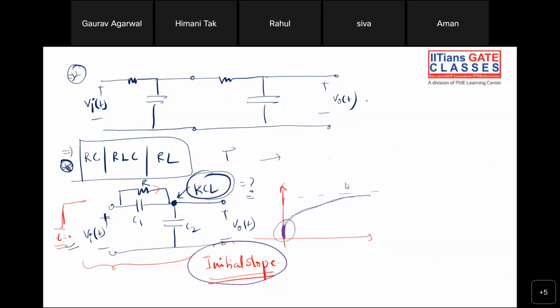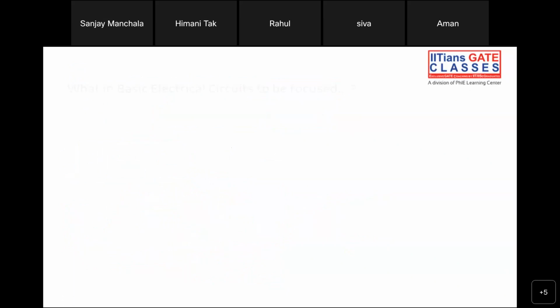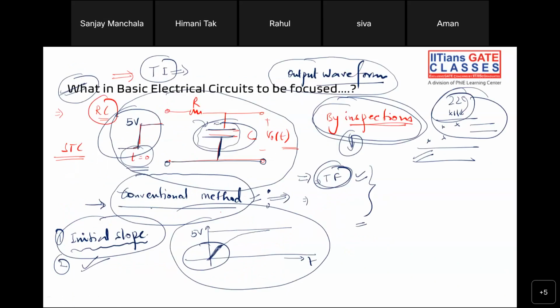Remember, I'm not telling you the method of how these things are done, I'm just motivating you. In this session, I just want to make you familiar with what kind of questions they will be asking in the interview. The RC circuit is a very important topic, where they will ask about initial slope and these things.